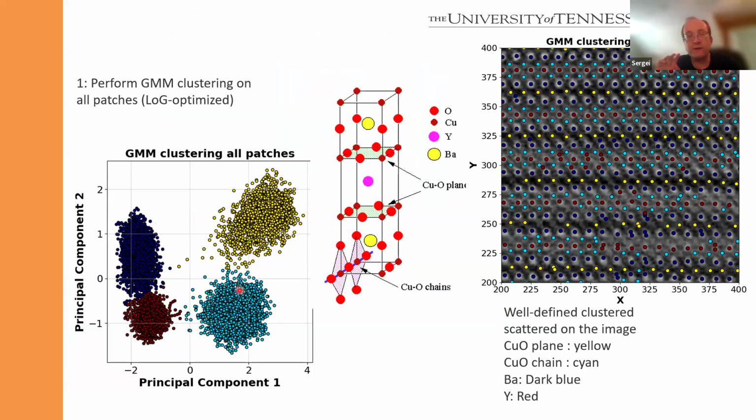So notice one tricky thing here, that this is the representation in the two-dimensional space, so in the space of the principal components. Practically, the GMM clustering happens in the very high-dimensional space of our patches. So if our patch is 30 by 30 pixels, that means that we are doing clustering in the 900-dimensional space. So this is just an optimal representation. So we can separate all the atom types.